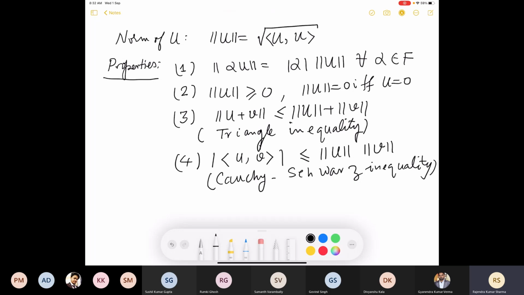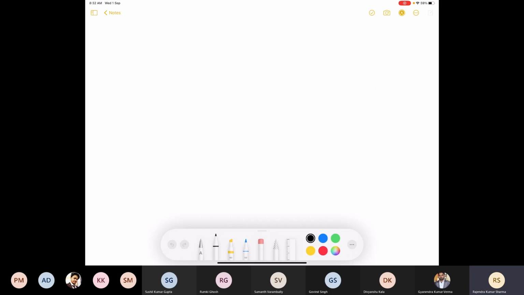So these properties we would like to, of course, prove. But first of all, you can easily take some examples before that. So some examples before we take up the proofs of properties.